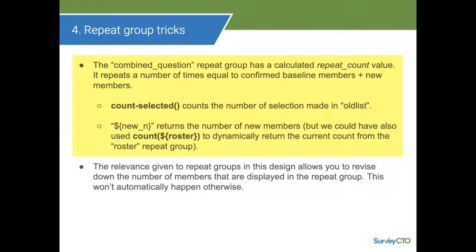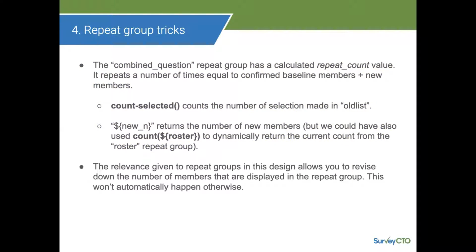It repeats the number of times equal to the confirmed baseline members in old list plus new members. The number of confirmed baseline members is counted inside old list using count selected. And the number of new members is easy to get because that's stored inside the new member field. And from there, using simple addition, you can just add these two values together.